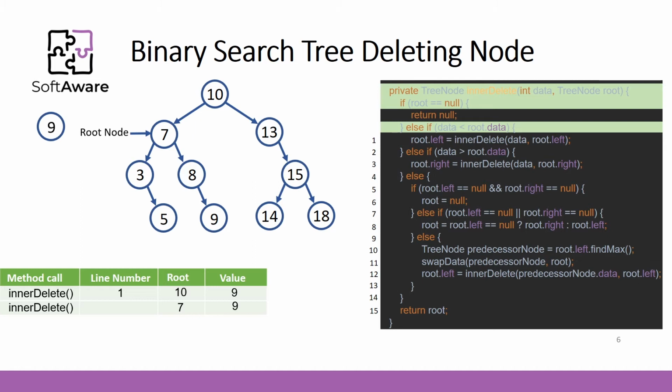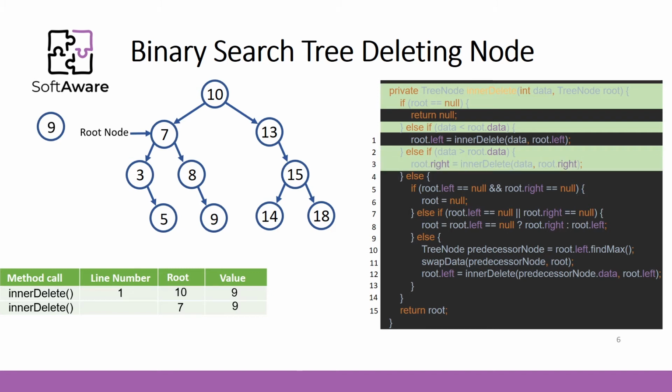In our example, 9 is not smaller than 7, so we skip the condition, and at the next condition, we check this time if 9 is bigger than 7. 9 is bigger than 7. This means our key, which we want to delete, is located in the right subtree of 7. So let's store the values in this method call and have another recursion call, this time taking the right node of the root node and passing it as the root node in the next recursion.